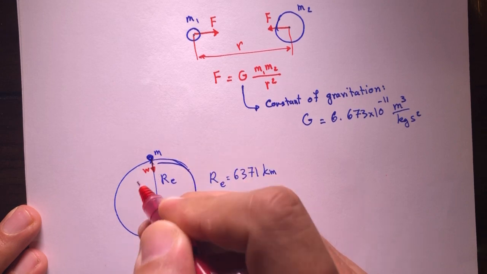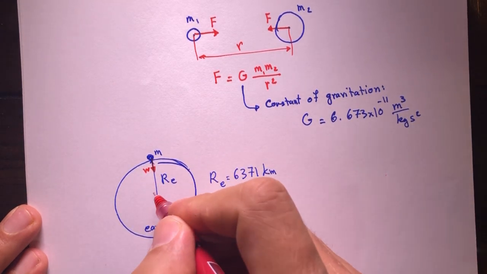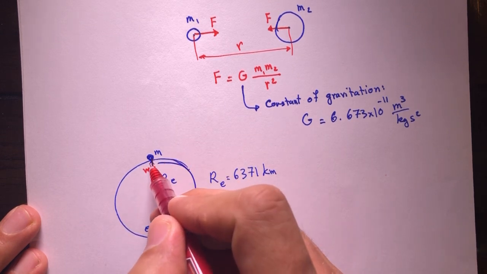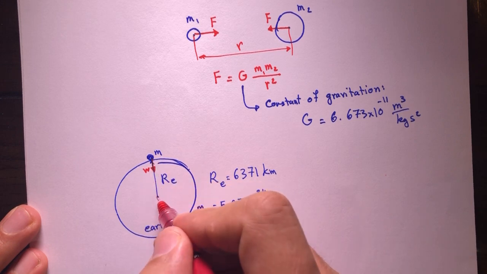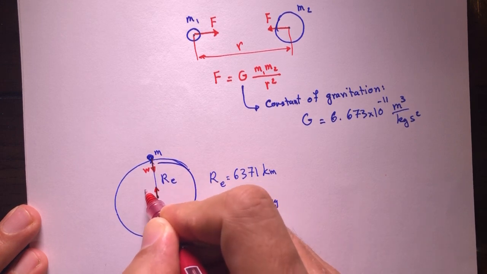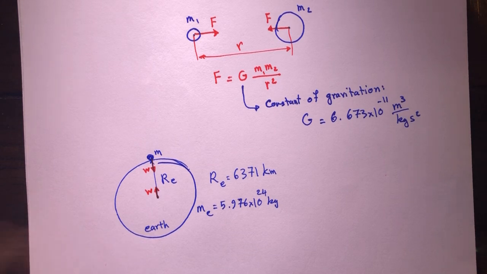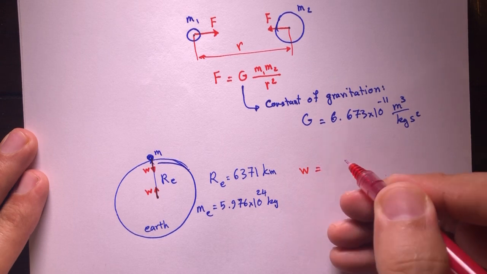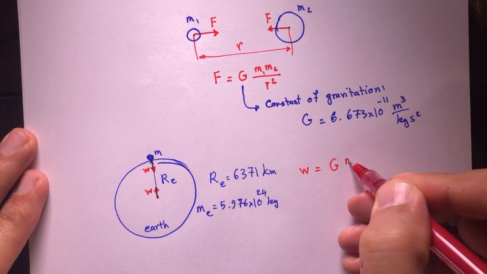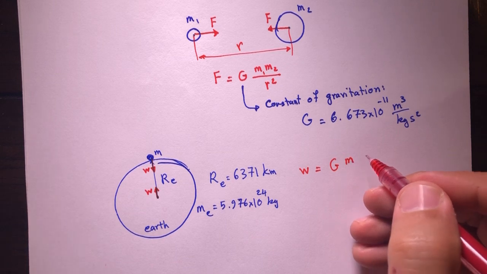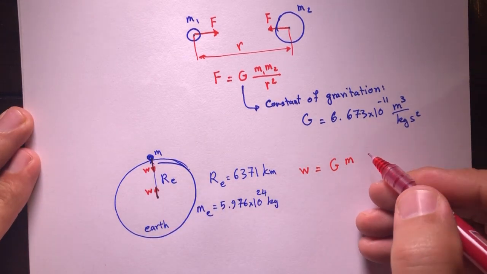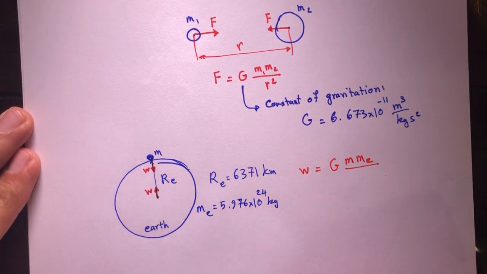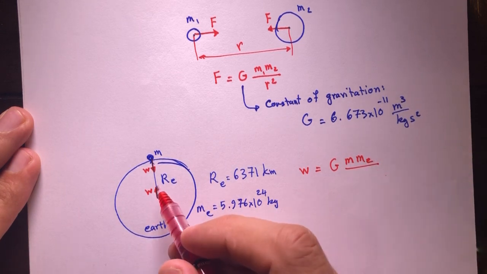The gravitational force, we call it weight, and we usually show it with W. So the Earth is applying a gravitational force of W to this particle, and this particle is applying the inverse of it to the Earth. And the magnitude of this force, which we call weight, is equal to G times the mass of this particle times the mass of the Earth divided by the distance between them squared, and the distance between them is going to be the radius of the Earth, right?